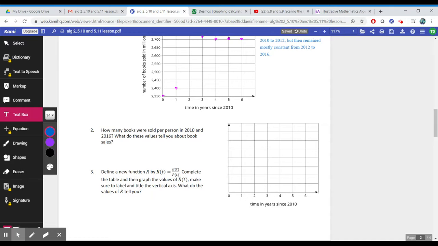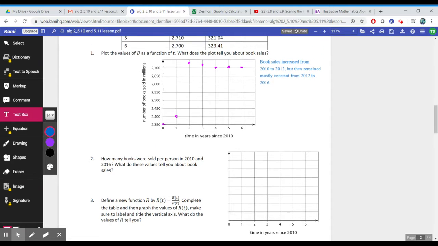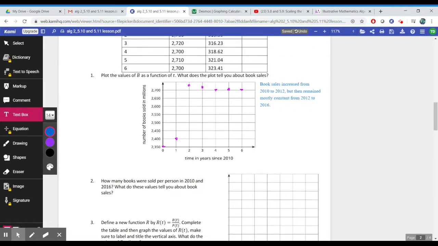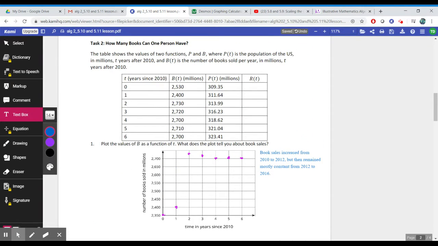Okay, so looking at number 2, it says how many books were sold per person in 2010 and 2016? What do these values tell us about book sales? So in order to know how many were sold per person, we're also going to need to know what the population is. In our prompt up here, it tells us that p is the population. So in the year 2010, we sold 2,530 million books when there were 309.35 million people in the United States.